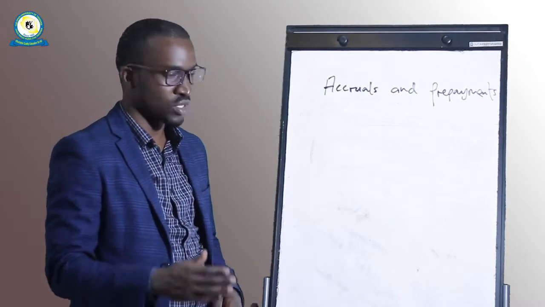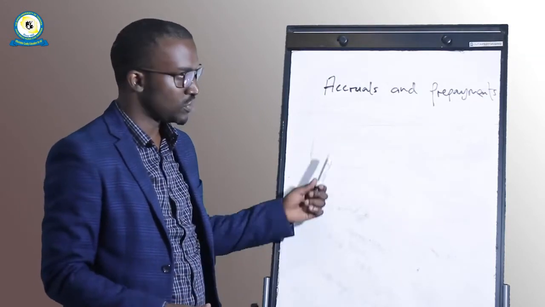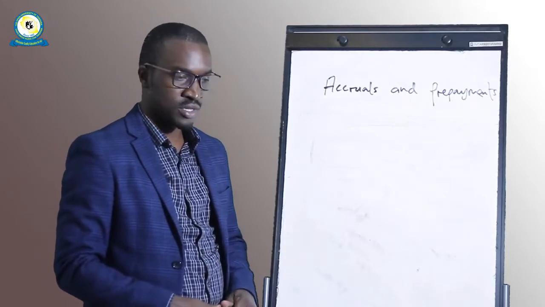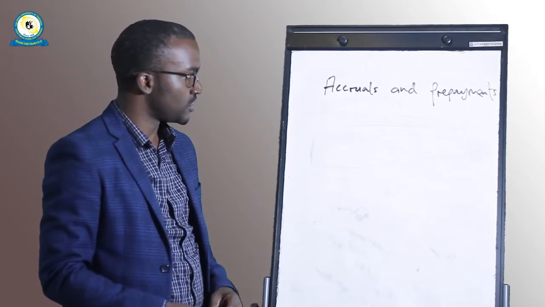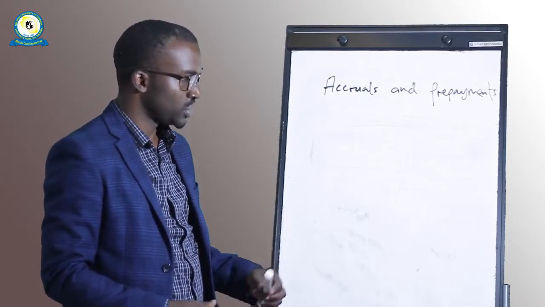In most cases, when you have your trial balance, you have to adjust for accruals and prepayments. That is the point at which you need to take them on board.